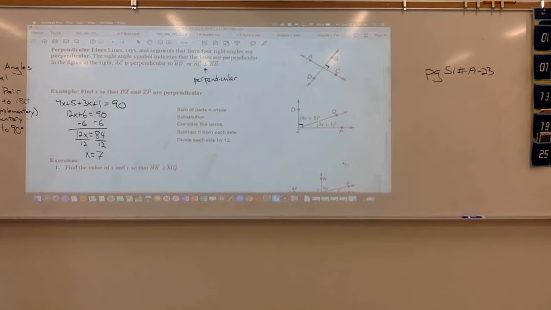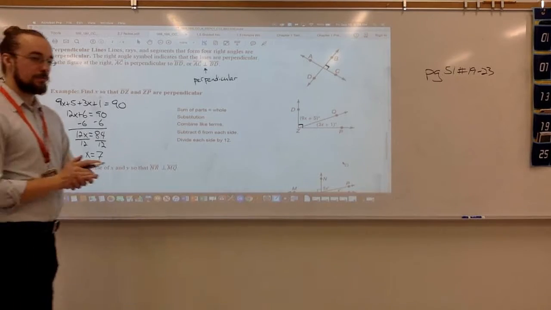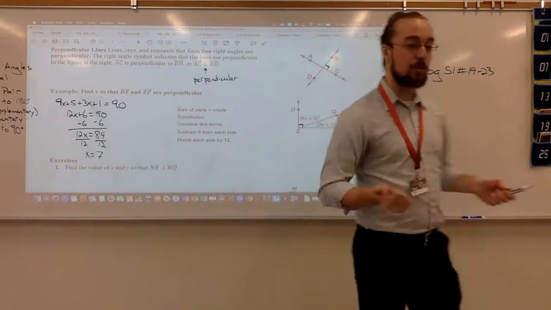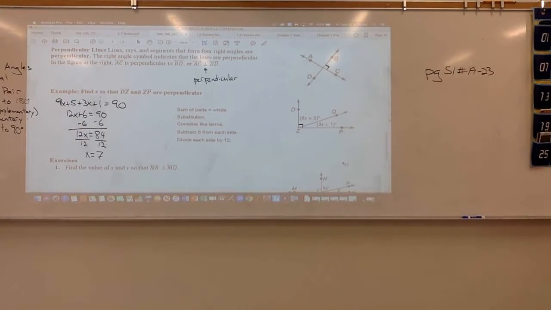We thought that was a 7. Oh, the 9x looks like a 7x. Oh, yeah, that's a 9. All right, so for this, when we solve this for x, we should get 7.